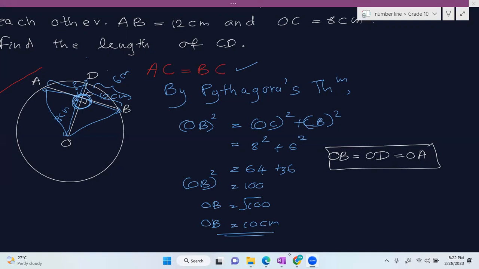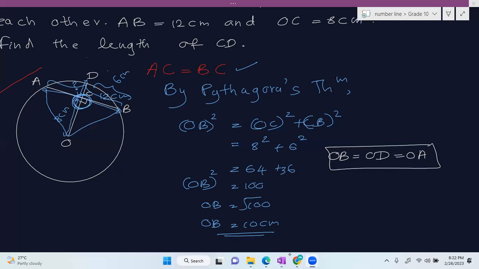Then Rashmina. Yes, teacher. What is the reason for OB equals OD equals OA? The radius. Then Tashiana?